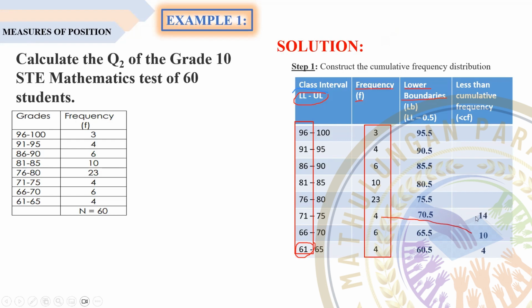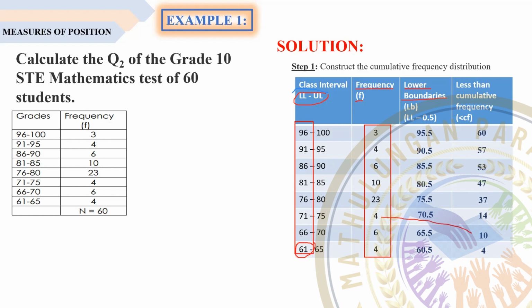Next is 14 plus 23, which is equal to 37. Then 37 plus 10 is equal to 47. 47 plus 6 is equal to 53. Then 53 plus 4 is equal to 57, and 57 plus 3 is equal to 60.